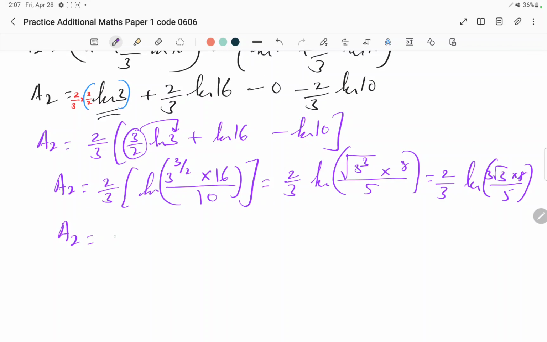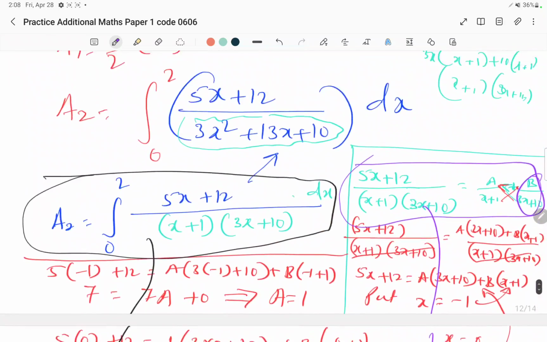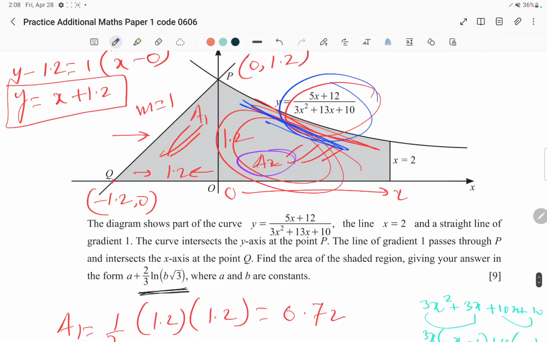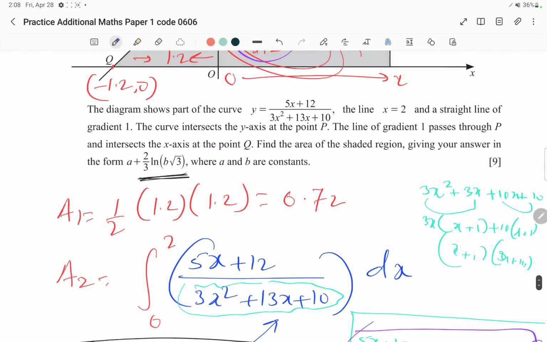So now A2 can be written as 2 over 3 times ln 3 times 8, which is 24 over 5 root 3. So I got that, which is A2, and we have to give answer for A2 plus A1. So A1 already I had. A1 was 0.72, right?